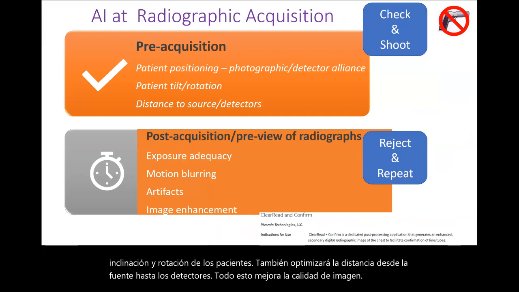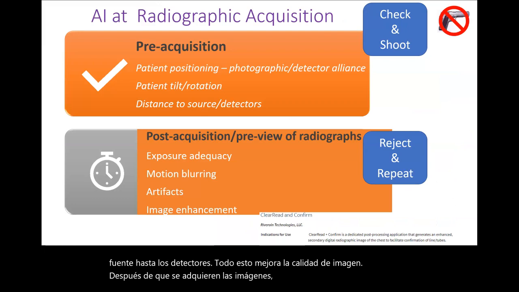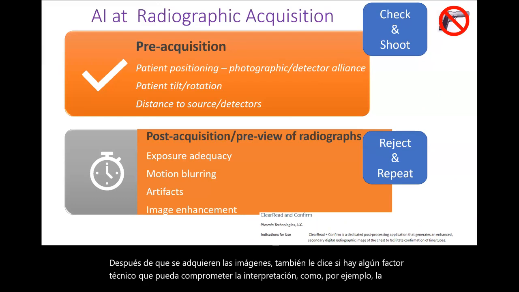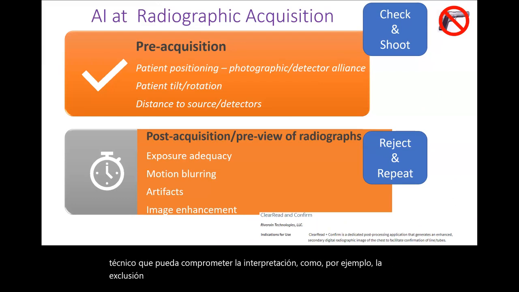After the images are acquired, it also tells you if there are any technical factors that might compromise the interpretation, such as exclusion of an important anatomical region, or problems with the technical parameters or artifacts.